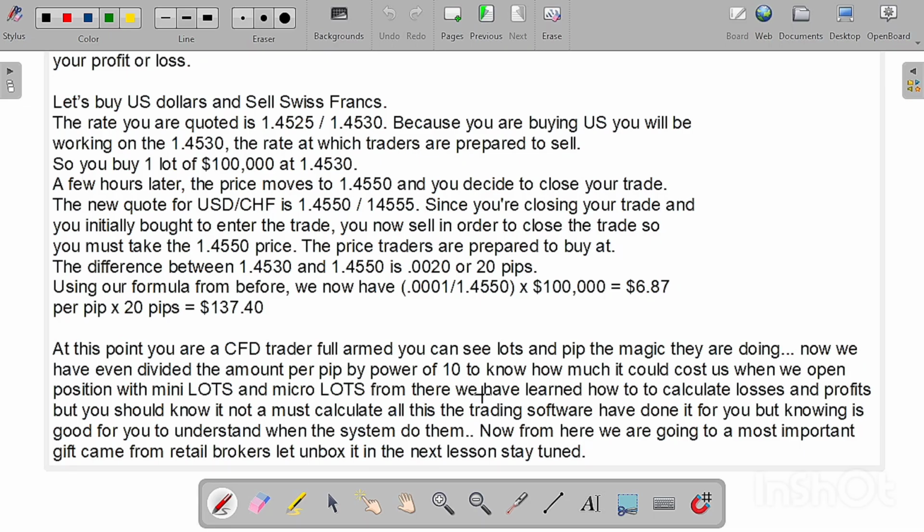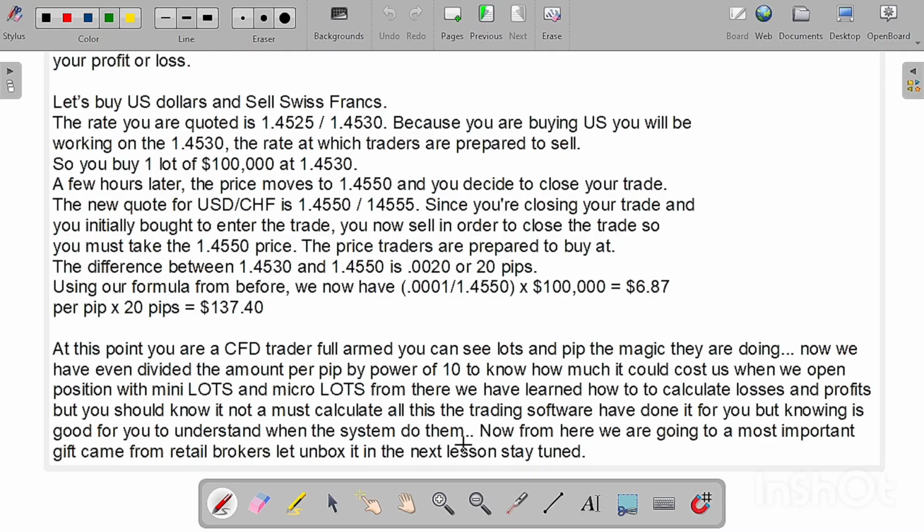From there, we have learned how to calculate losses and profit, but you should know it's not a must to calculate all this. The trading software does it for you, but knowing is good for you to understand when the system does them.